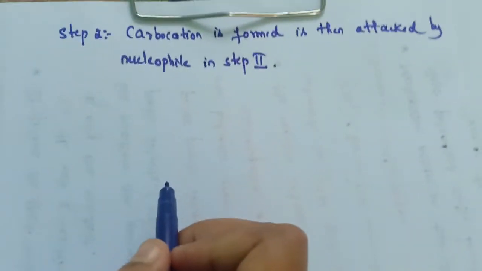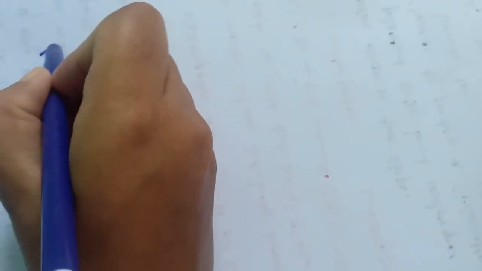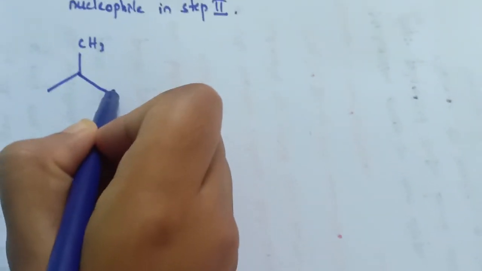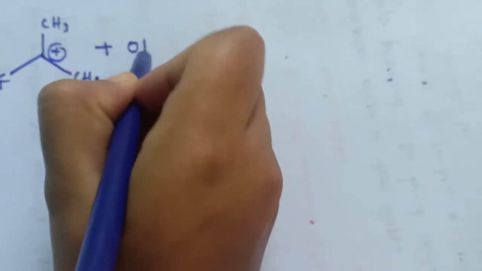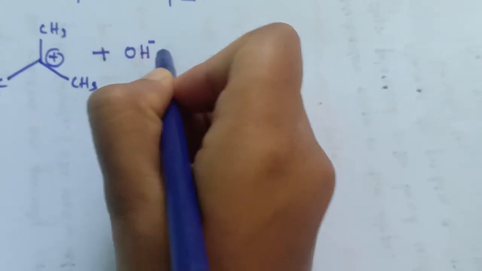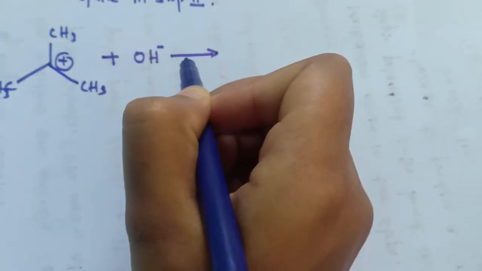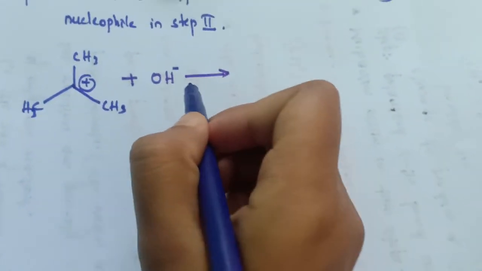I have already shown you the formation of a carbocation in the first step: CH3, here is a carbon atom, CH3, CH3. Attack of the nucleophile, that is hydroxide ion, will result in (CH3)3COH.